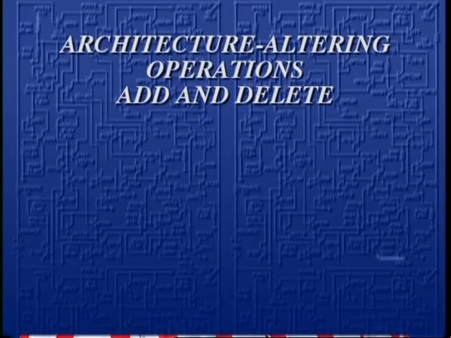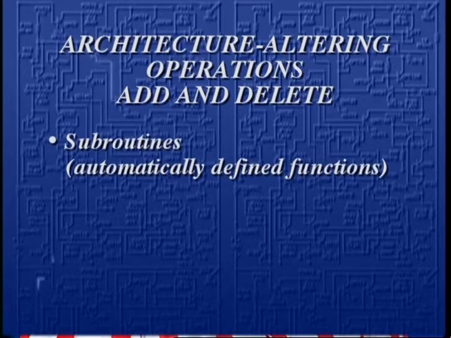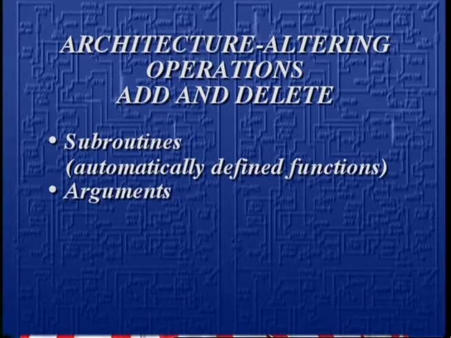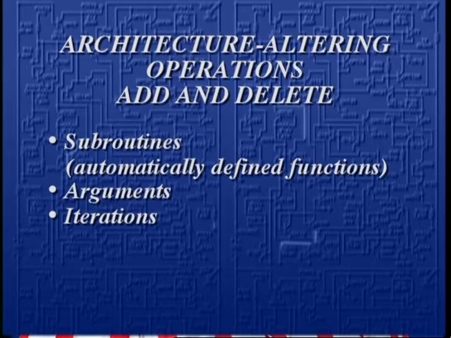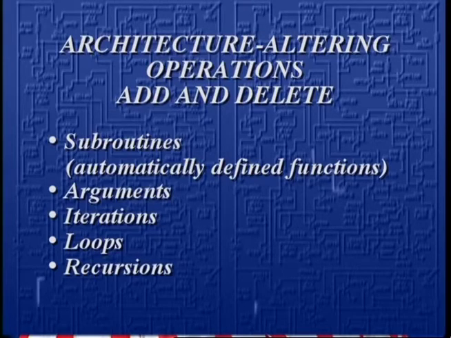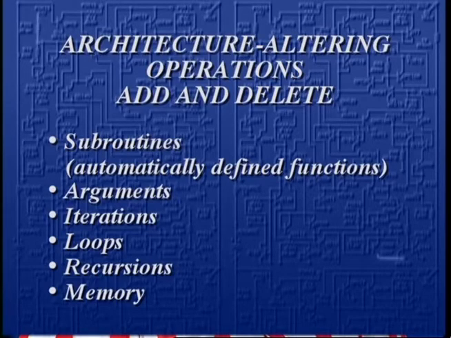Architecture-altering operations provide a way, dynamically during the run of genetic programming, to add and delete subroutines to individual programs, to add and delete arguments possessed by the subroutines and other types of branches, to add and delete automatically defined iterations, to add and delete automatically defined loops, to add and delete automatically defined recursions, and to add and delete automatically defined storage.